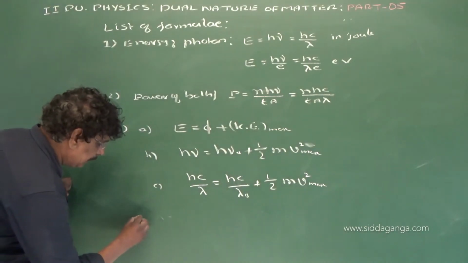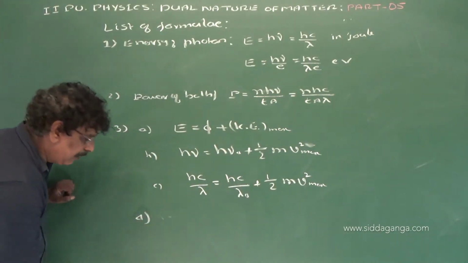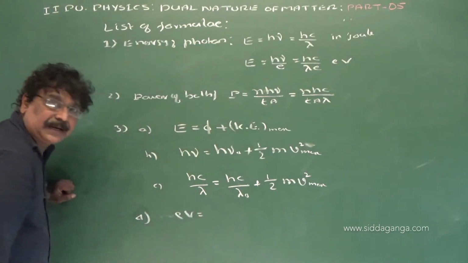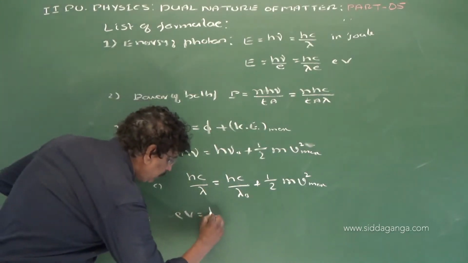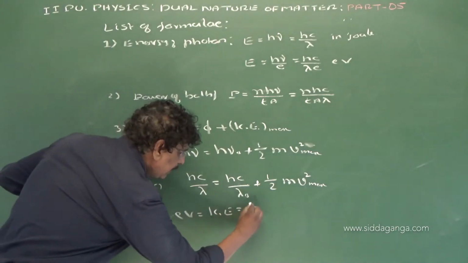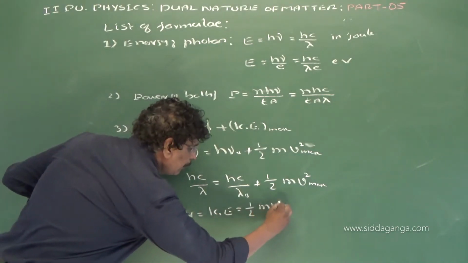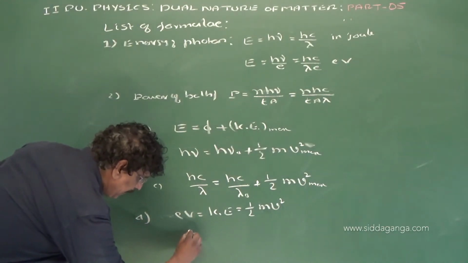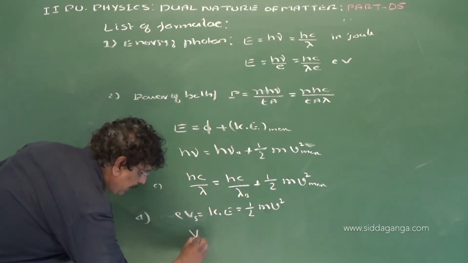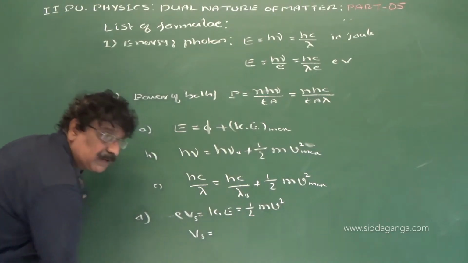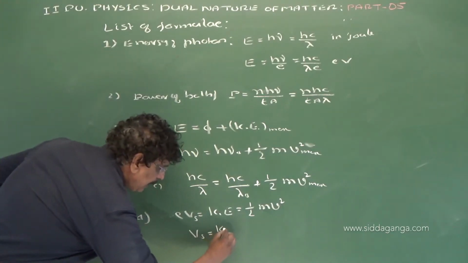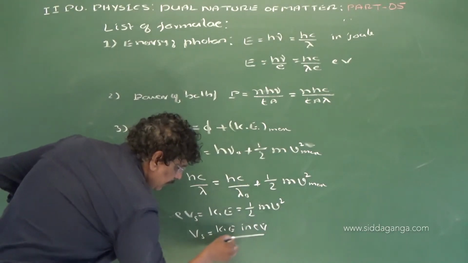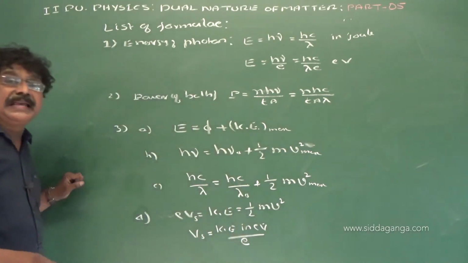These are all the terms which we are going to use in this equation. Now the fourth one, we have the stopping potential. eVs is equal to kinetic energy, equal to half mv square. So the stopping potential Vs is equal to kinetic energy in eV divided by e.